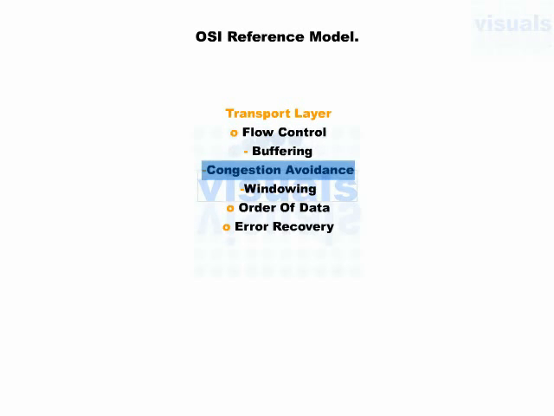Well, under congestion avoidance, the receiving system avoids congestion by sending a type of message to the sending system. The sending system then reduces the speed of data delivery.